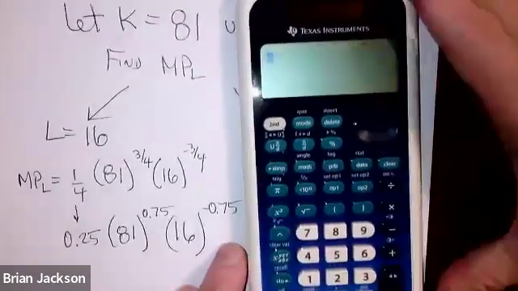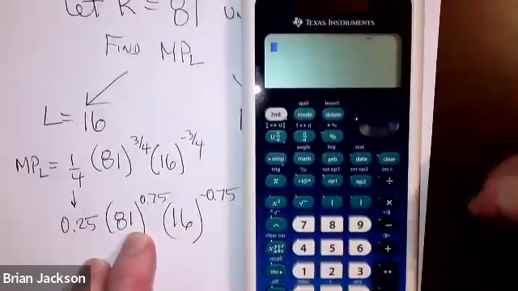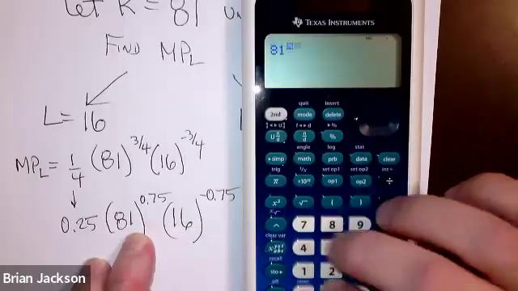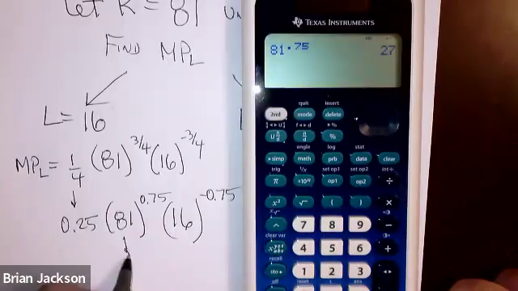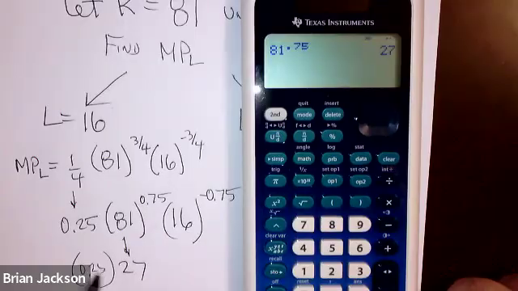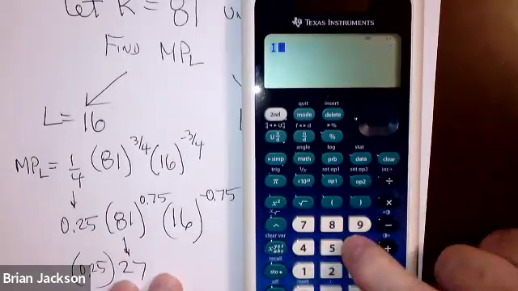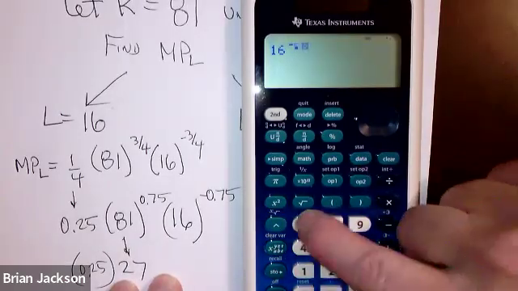Clear. Okay, so I'm going to do these separately here. So like the 81 to the 0.75. So that's 27. So this is 27. So I've got 0.25 times 27. And then I'm going to multiply this by 16 to the negative 0.75.